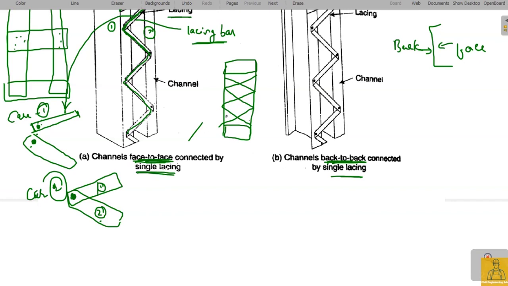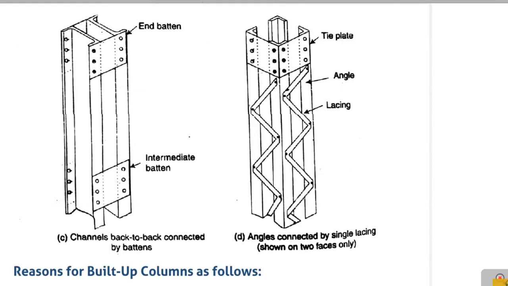Right. See, this is a channel section connected back to back by battens. Battens are nothing but these tie plates that join. These are at regular intervals from top to bottom, and these are connected with bolts or by weld.